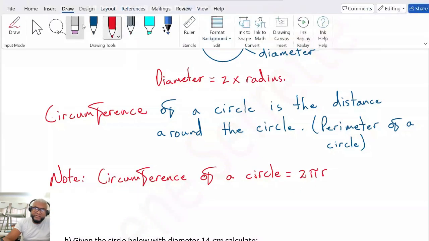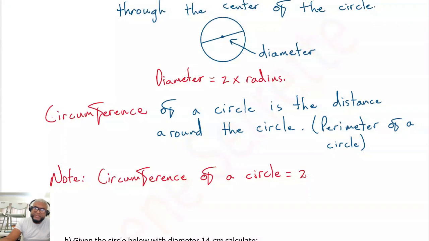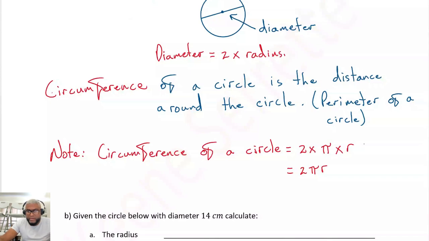It's basically 2 multiplied by pi multiplied by r, which is written as just 2 pi r, okay? Or it could also simply be written as pi D, D for diameter, okay?